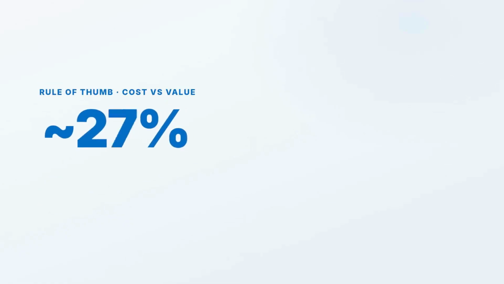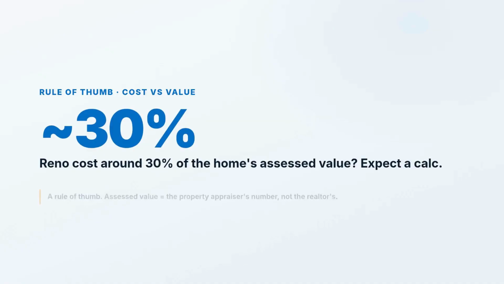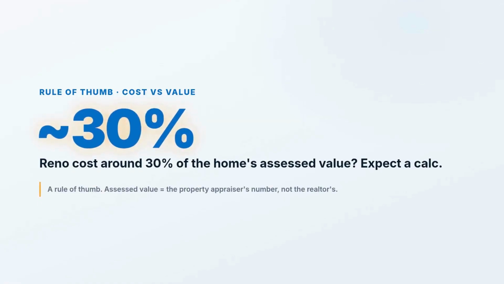The other rule of thumb we use when talking to people is whether the cost of the renovation is greater than 30% of the assessed value of the home, not what the real estate person says, but your property appraiser's tax assessment on the home. You'd be surprised, especially recently when housing prices went through the roof.